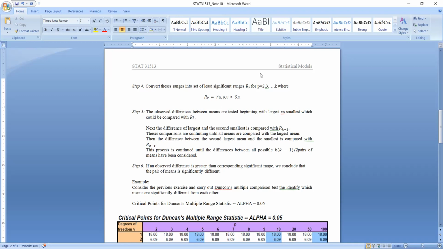But if it is less than the least significant range, then we have to consider that value. I will show you all these steps using one example, the example that we already discussed yesterday, where we used the ANOVA table to do our analysis. I'll take the same example and show you how to conduct this.